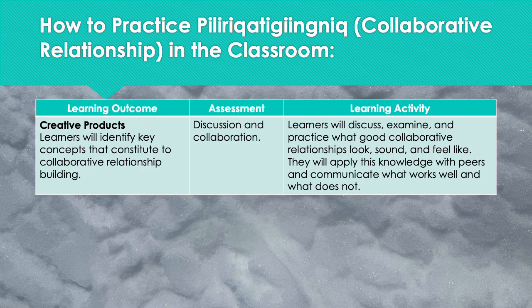For the learning activity, you can have students discuss, examine, and practice what good collaborative relationships look, sound, and feel like. They will apply this knowledge with peers and communicate what works well and what does not.